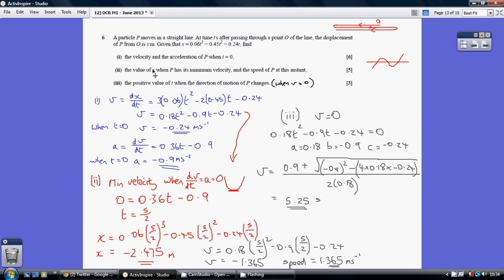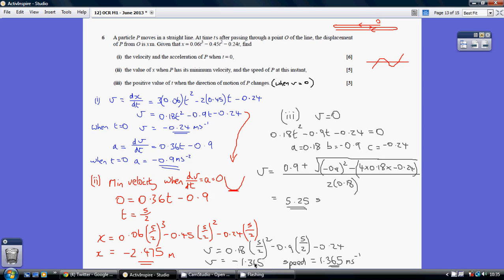And secondly, we've just done the value of x, we've now got to find the speed, so we substitute 5/2 into our speed equation, so into this. So substituting 5/2 into this gives us a velocity of minus 1.365. Now remember, speed is just the modulus of this.